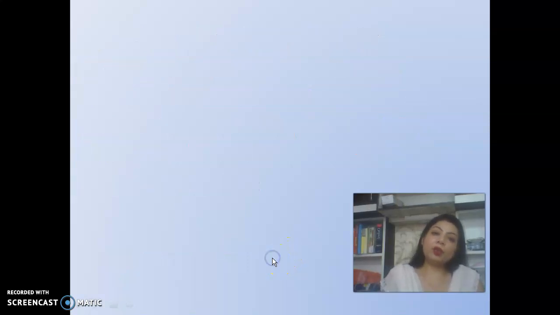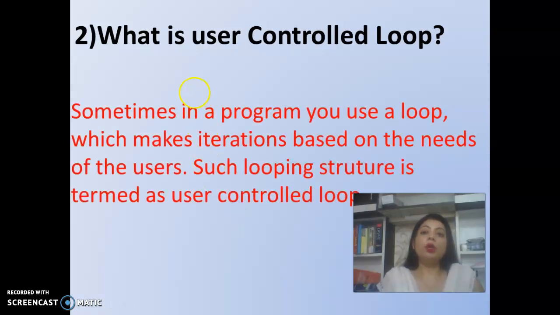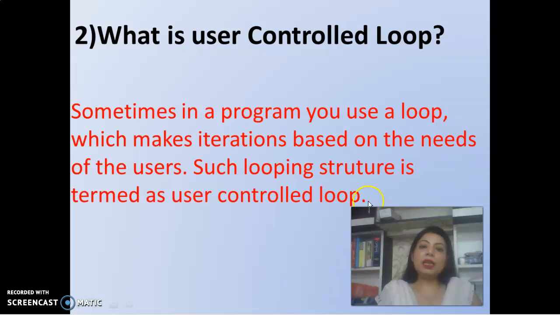Then the next question is, what is a user controlled loop? By the name you can understand the user can control this type of loop. It is in the user's hand whether the loop will continue or not. Sometimes in a program you use a loop which makes iterations based on the needs of the user.